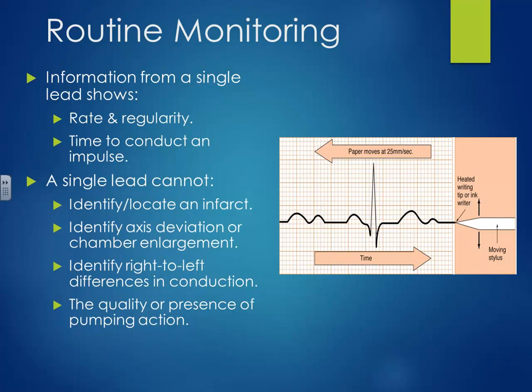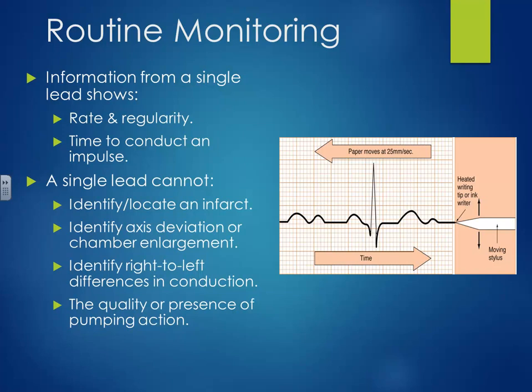So how do we check mechanical function of the heart in the field? We're going to look at circulation, right? We're going to check for a pulse. We're going to look for signs of poor perfusion or good perfusion: skin color, temp, mental status. All of it works together.